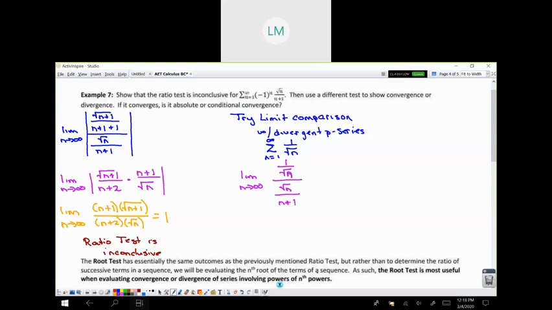So applying our algebra, we have the limit as n goes to infinity. This ends up being n plus 1 over n, that equals 1, which is greater than 0. So the series diverges by limit comparison.